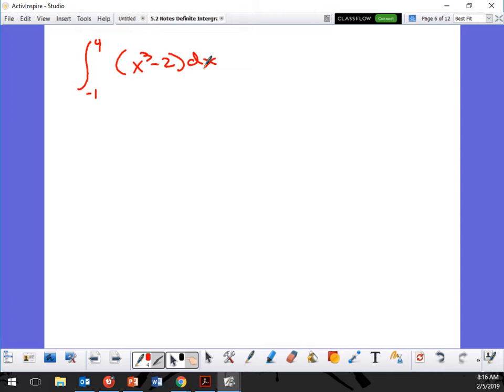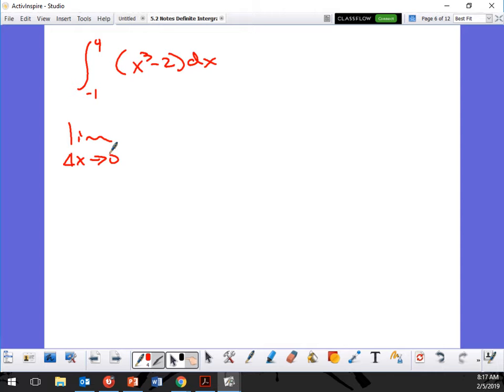Now, to do this as sums, we would actually try to make n go to infinity. Because we want my delta x here to actually get so small on my graph. So I'm going to take the limit as delta x goes to 0.